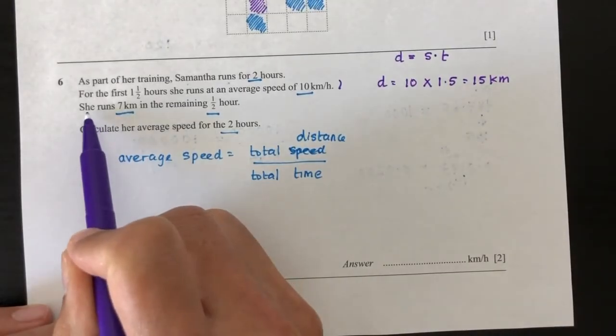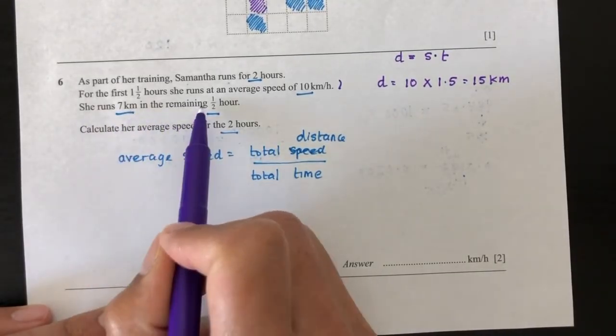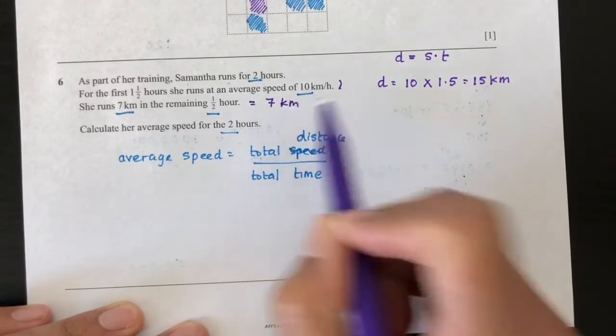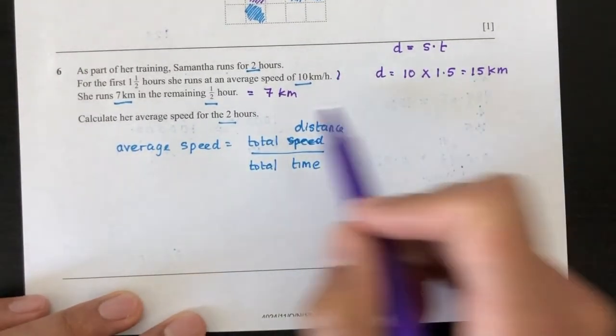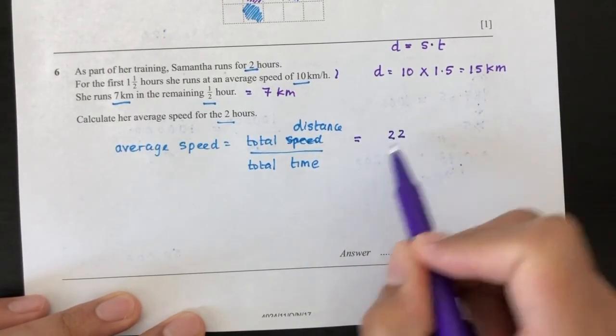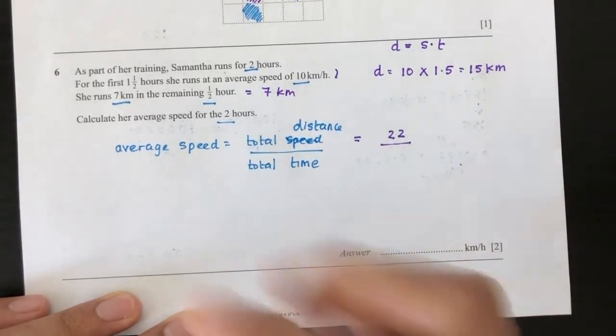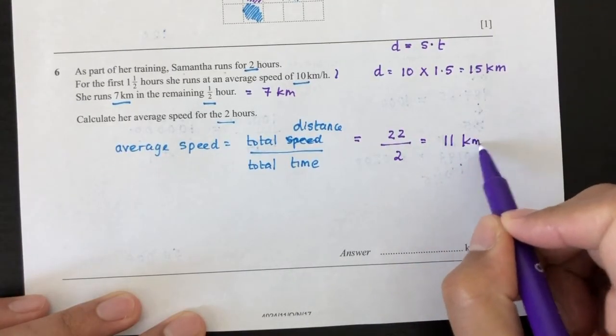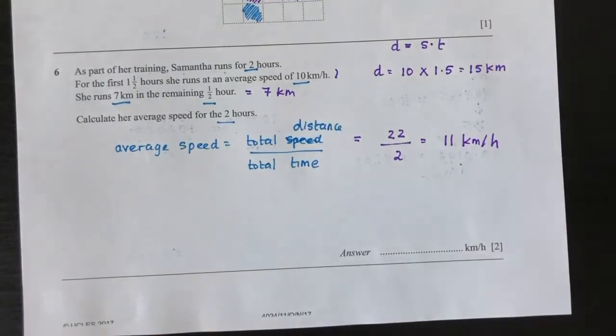Now she runs 7 km in the half hour, so that is 7 km for the distance. What is the total distance? 15 plus 7, that will be 22, divided by the total time, which is 2 hours. So average speed will be 11 km per hour. And that is your answer for part 6.